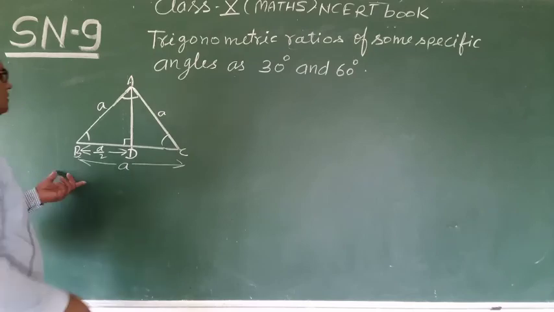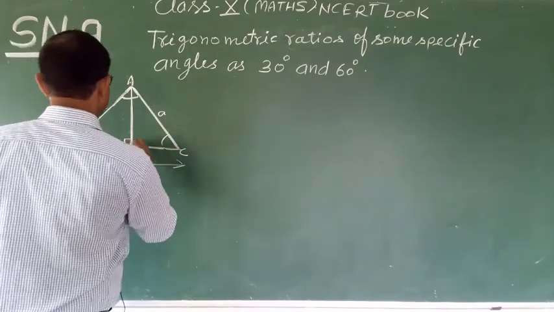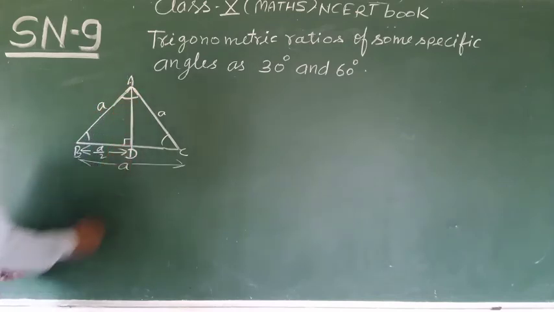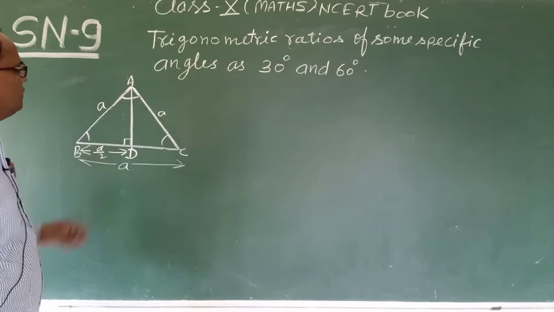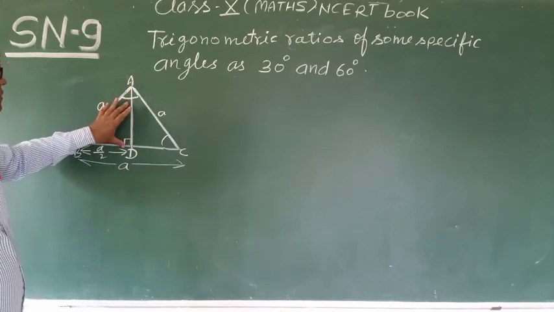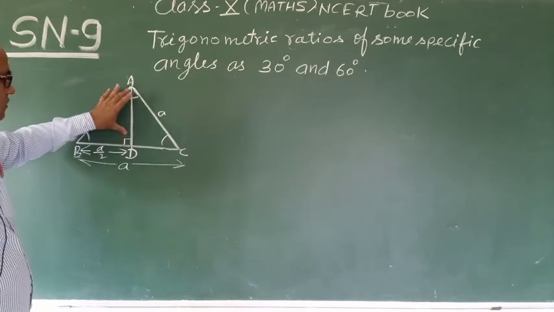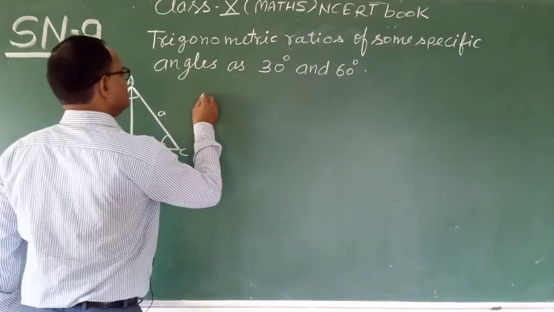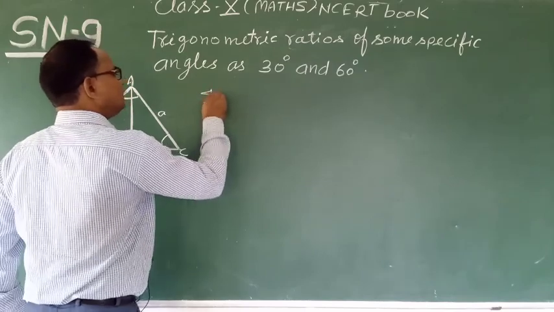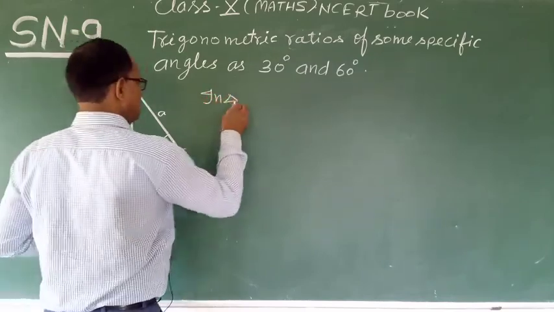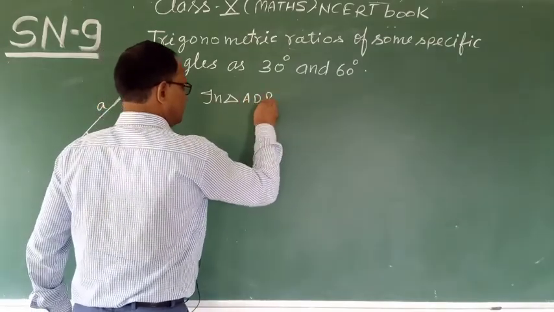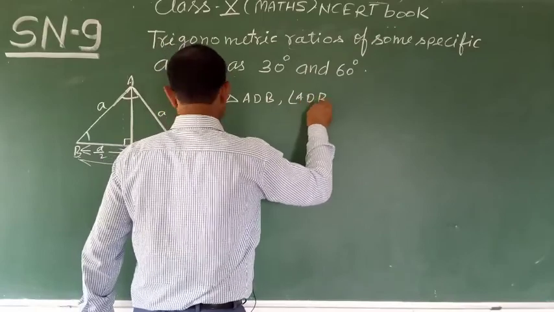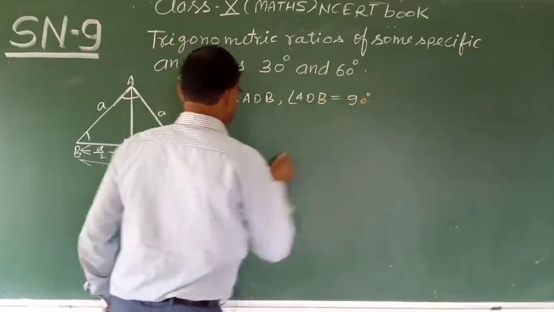In this case we determine the value of AD, because AD is unknown. We determine the value of AD by Pythagoras theorem. In triangle ADB, angle ADB is equal to 90 degree.